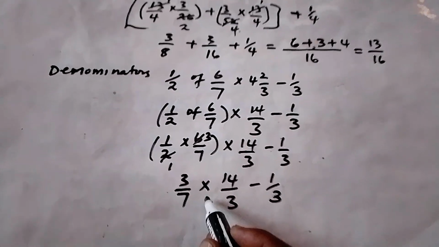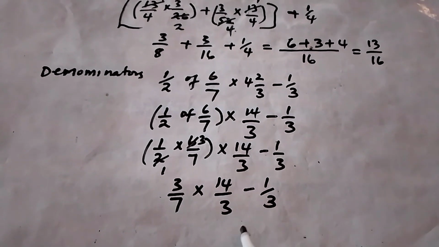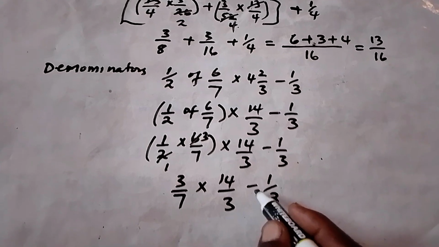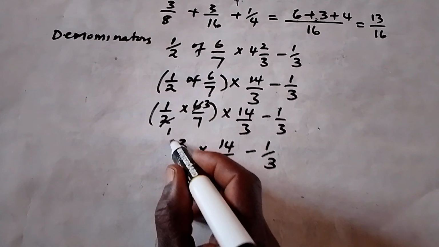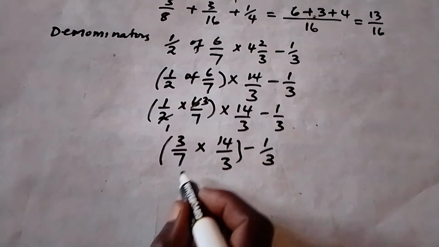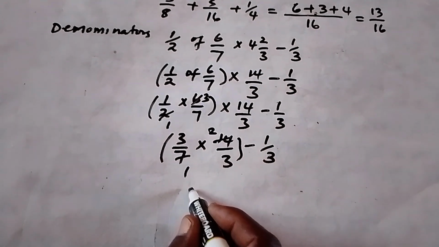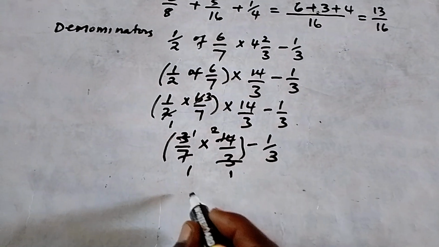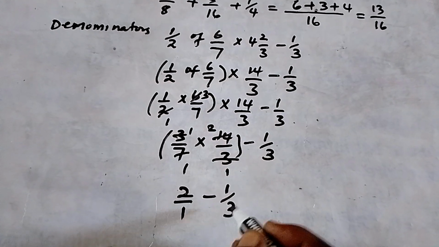We have two operations here, multiplication and subtraction. So multiplication comes first before the subtraction, so we multiply. So we put this in a bracket, so we solve this. We get by 7, 1 by 7, 2, by 3, 1 by 3, 1. So we'll have 2/1 minus 1/3.